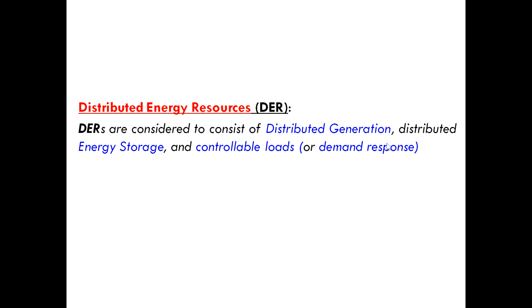So distributed generation can supply generation, and controllable load can supply flexibility, in the sense that in the case where we have insufficient generation, we can implement a demand response, which is basically a measure to reduce demand in order to achieve a generation and demand balance.